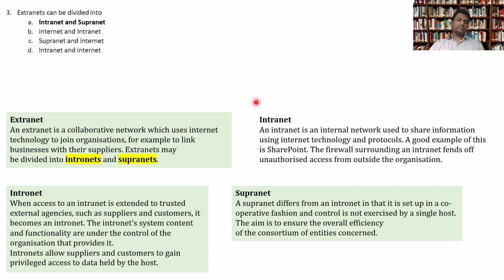So the organization will have the internal network, and part of it is available for access from outside. So anyone who has an internet connection, using a VPN or any kind of arrangement, can connect to a part of the intranet of this organization, which is called the extranet. So this is the external part of the organization's network.